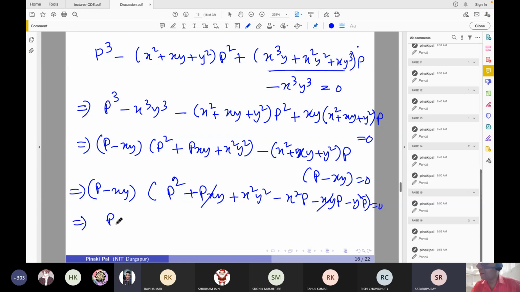So we are left with these factors: (p minus xy)(p minus x square)(p minus y square). This is equal to 0. Now we have to take care of each of the factors separately and solve the differential equations.